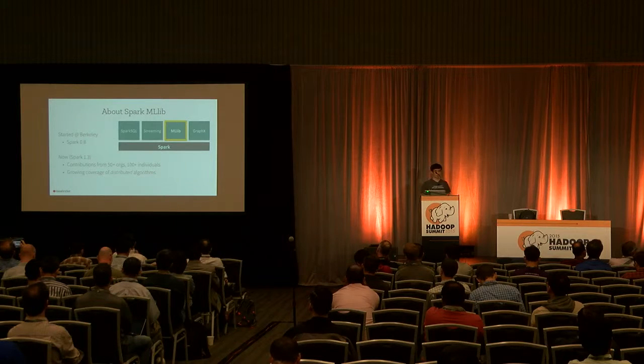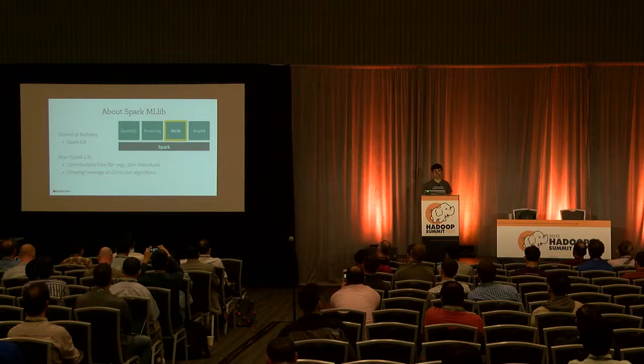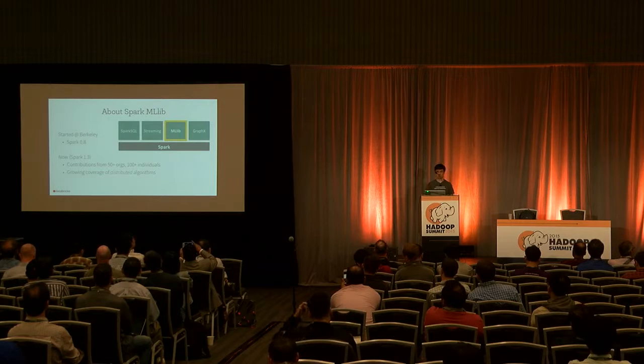So just 30-second background, Spark MLlib is one of the 4 higher-level libraries which ships with Spark. It started at Berkeley, shipped with Spark 0.8, and a few releases later has contributions from some 50-plus organizations, over 100 individuals, and a pretty wide coverage of distributed algorithms.